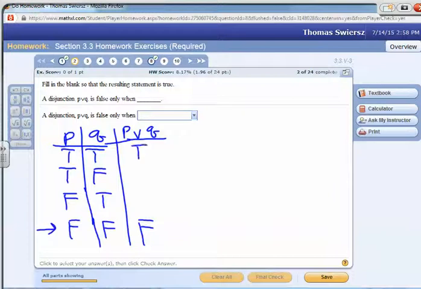Otherwise, if at least one of them is true or both of them are true, it is true. So true, true is true. True or false, P is true in the second line, so it's true. False or true in the third line, Q is true, so it's true. So again, P or Q, the disjunction, is only false when both P and Q are false.